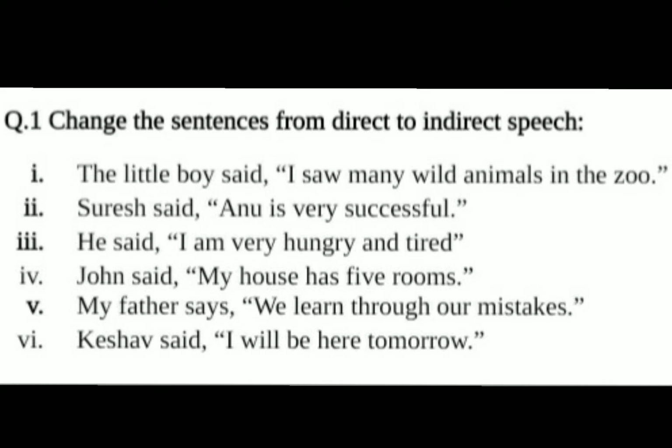The first sentence is, the little boy said, I saw many wild animals in the zoo. This sentence is in direct speech, and we have to change it into indirect speech. And I hope all of you remember the rules.